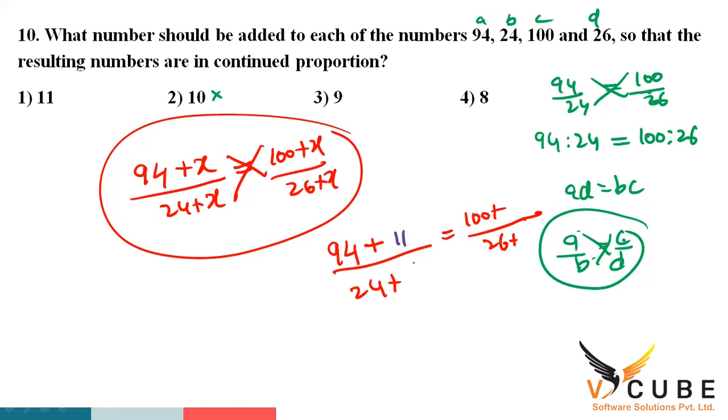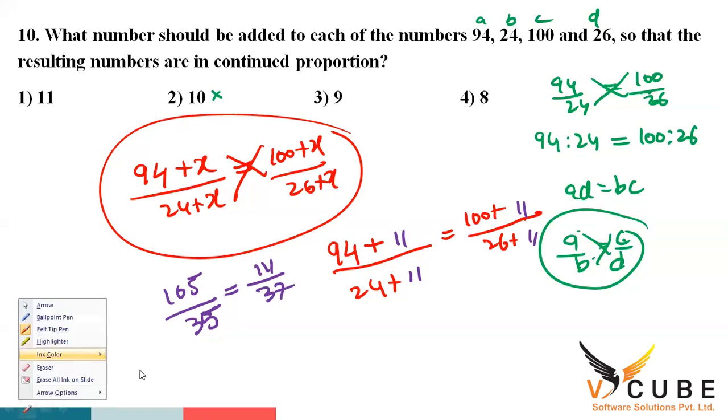11. Substitute 11 here, here and here. Okay, look at the screen guys. 94 plus 11 is how much? 105. By 24 plus 11 is how much? 35. And 111 by 26 plus 11 is how much? 37.